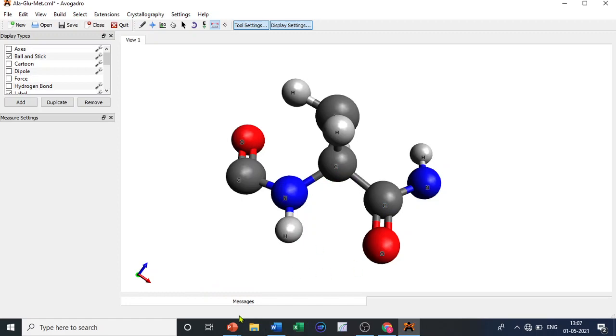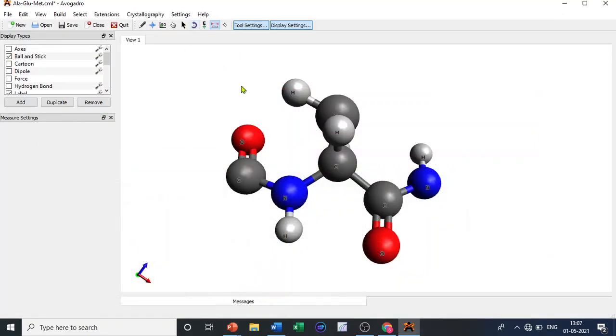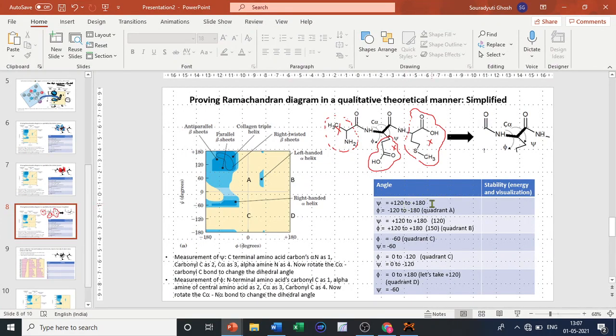I would need to start the labeling from this carbonyl carbon: 1, 2, 3, 4. You can see this is minus 160, so it is already measuring the dihedral angle as minus 160. Right, so this is minus 160 and that is between plus 120 and 160.